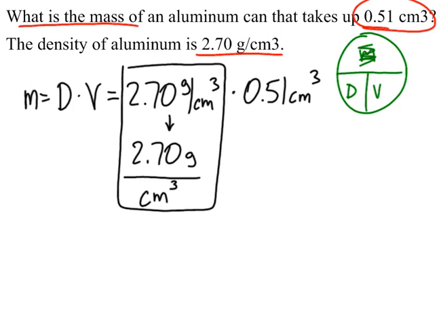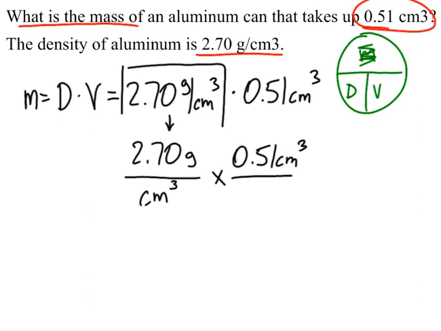The reason why I'm writing that is because when I multiply by 0.51 centimeters cubed, that allows me to cancel out the cubic centimeter value. So this cubic centimeter unit actually does cancel out, and all I'm left with is grams.